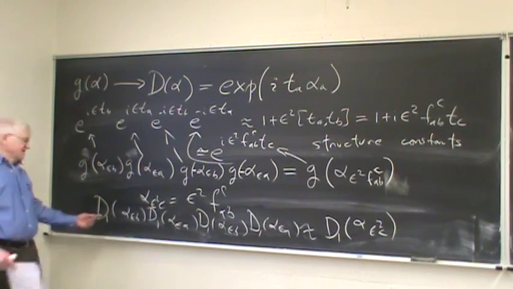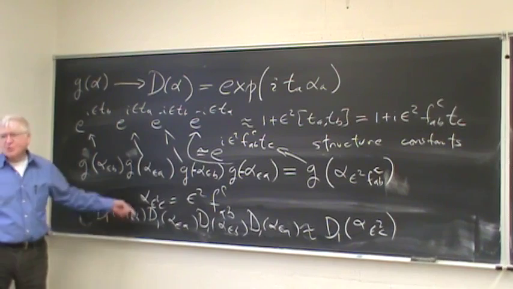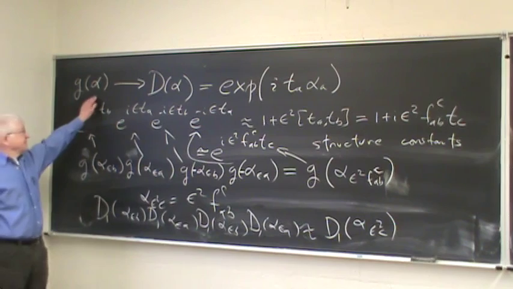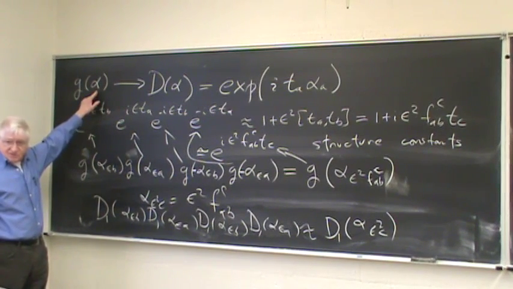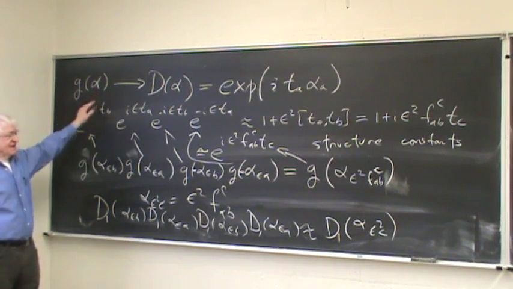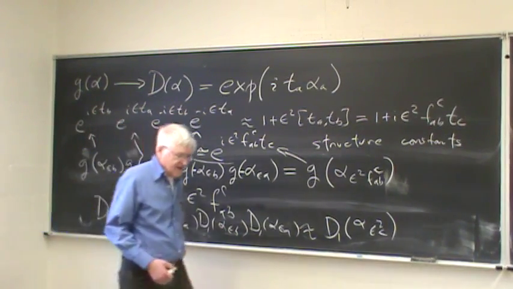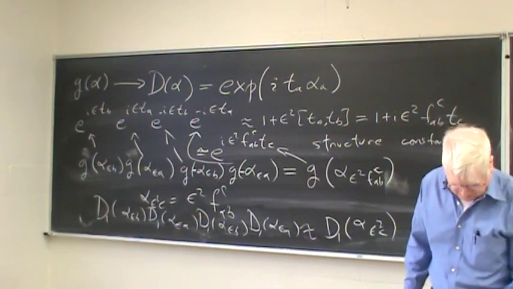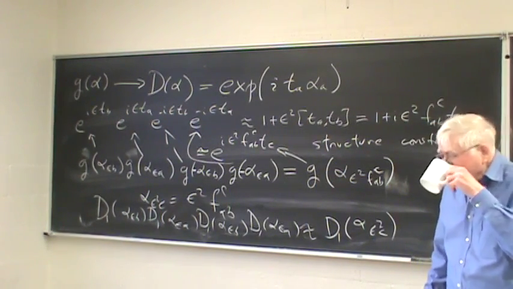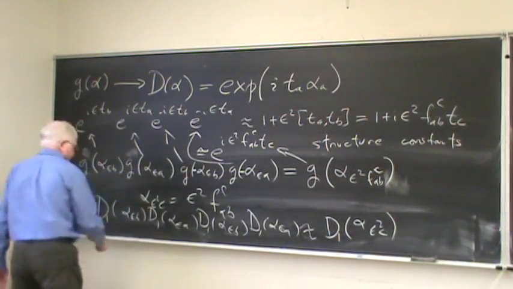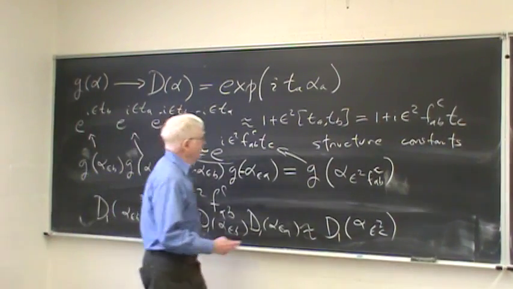And moreover, D2, any other representation, D2 has to satisfy the same rule. And this is only if we choose to use exponential parameterization, which I can barely pronounce, all the time. But that's the convention, to use that parameterization all the time. And if we do, then what you see is that if we switch to D2, then we would have a different set of generators.